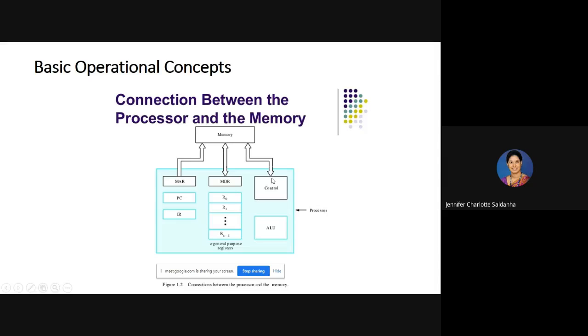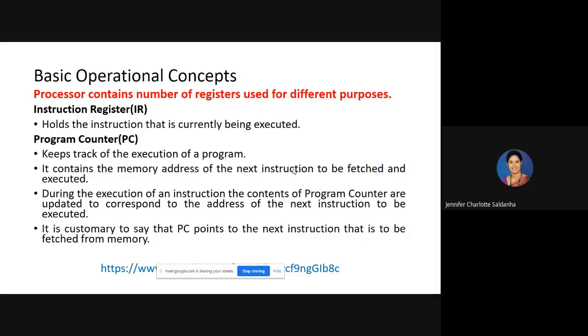Now, taking the same explanation, I'll go through it. I have explained the concept with the help of a figure. I'll read the steps quickly one by one as a summary. Basic operational concepts: the processor contains a number of registers used for different purposes.